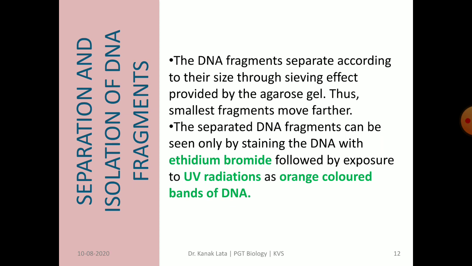Now the separated DNA fragments can be observed only by staining them with a solution of ethidium bromide. The bright orange colored bands of DNA can be seen only under ultraviolet light. So what will be the color of the band of DNA? That is orange color.